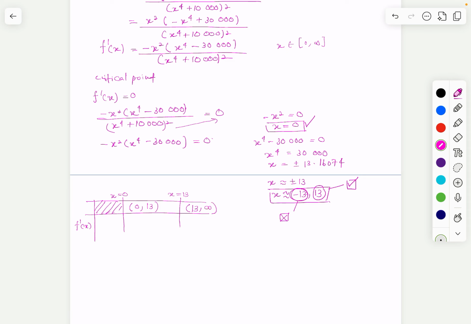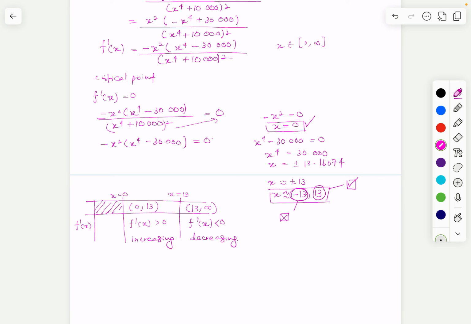So you plug in any value within each interval into the first derivative. In the first interval you get a positive first derivative, and in the other you get a negative first derivative. So on the interval 0 to 13 it is increasing, and on 13 to infinity it is decreasing.